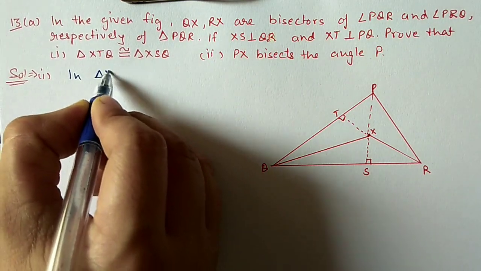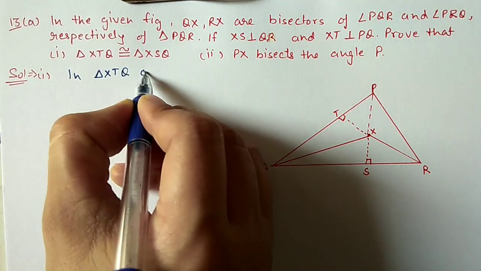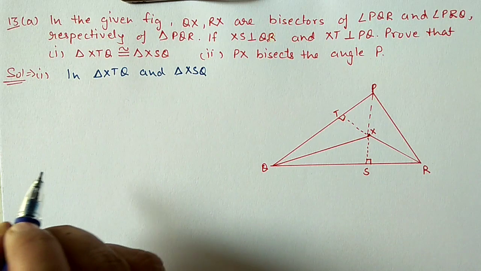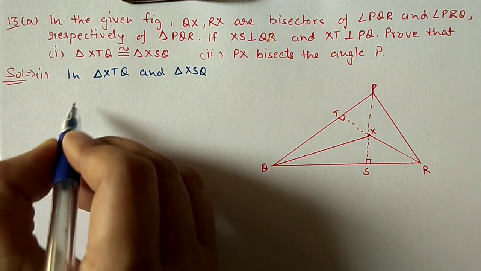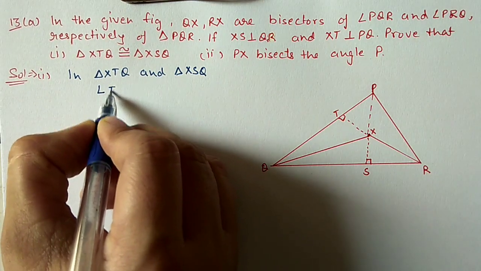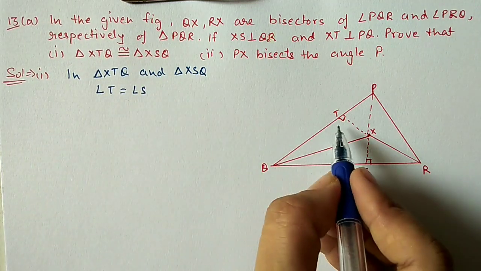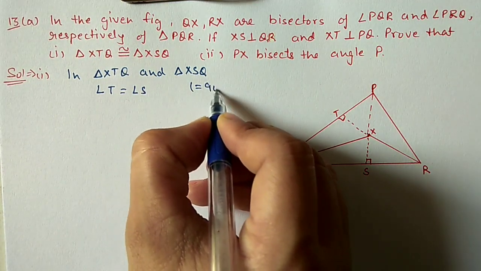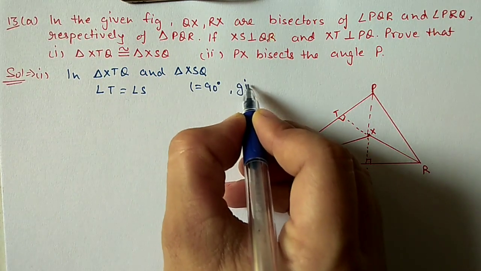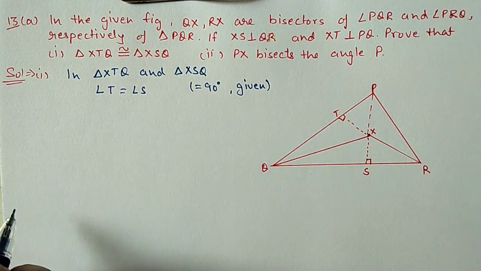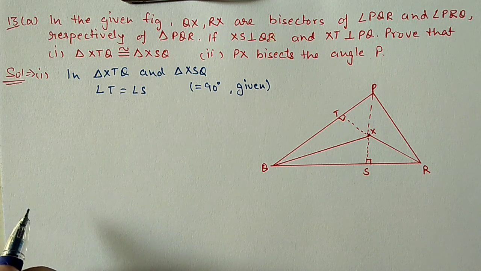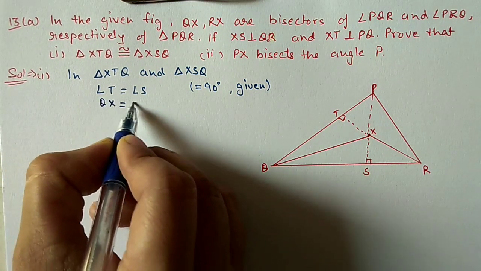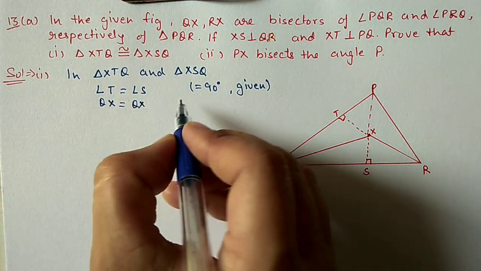In triangle XTQ and triangle XSQ, first of all we can write here angle T is equal to angle S. Both are 90 degrees, and this is given in the question. Second thing we can write here, QX is common for both the triangles.